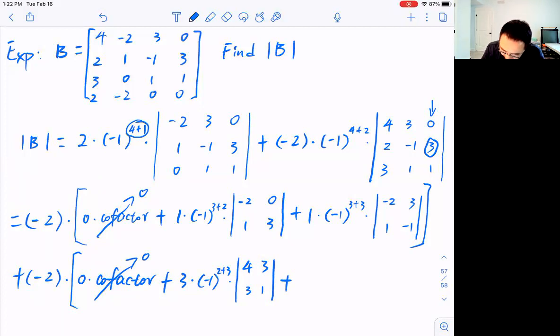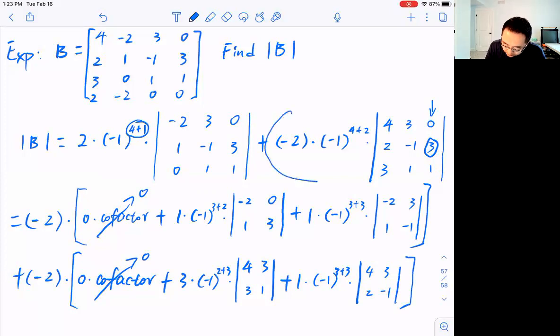So it's 1 times -1 raised to, this 1 is at third row, third column, so it's 3 plus 3 here, times its minor, which is by eliminating the third row and third column. So that gives you 4, 3, 2, -1. And this whole line is this part of your initial calculation.